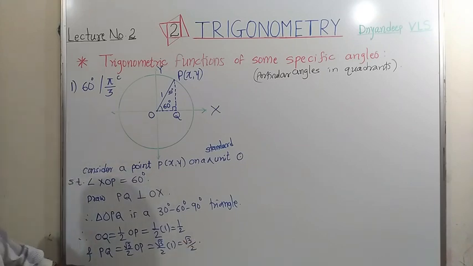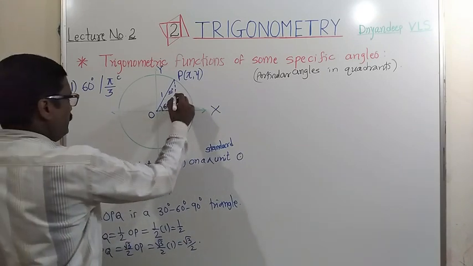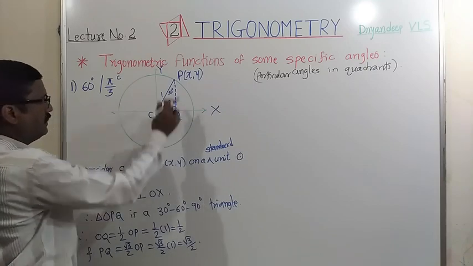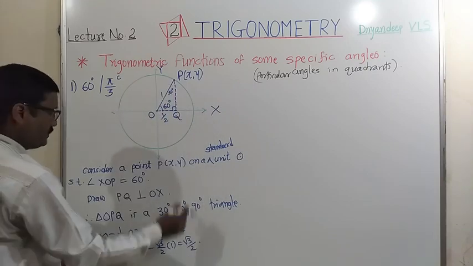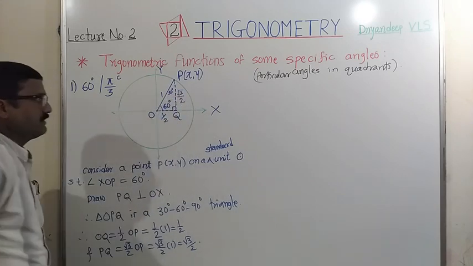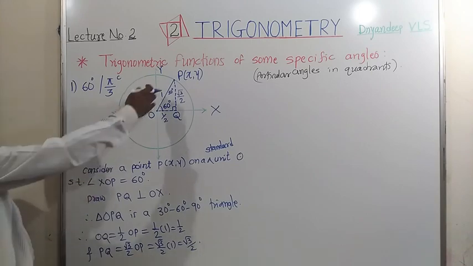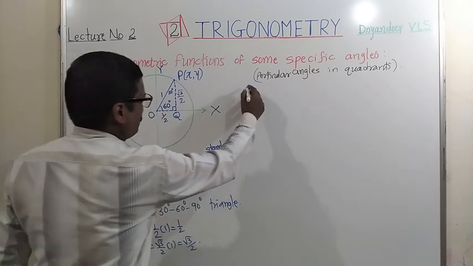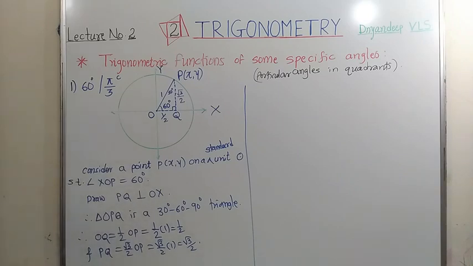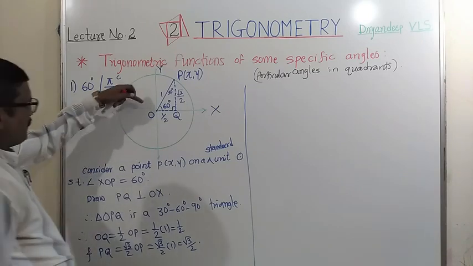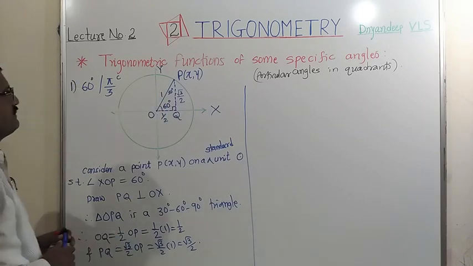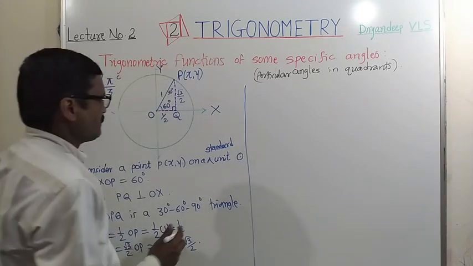So this OQ is equal to half and PQ is equal to root 3 upon 2. Is it okay? It's very simple because we have done all these in the geometrical part of 9th class. Now at this stage we know all the three sides of this 30, 60, 90 triangle, so we can write the trigonometric functions.